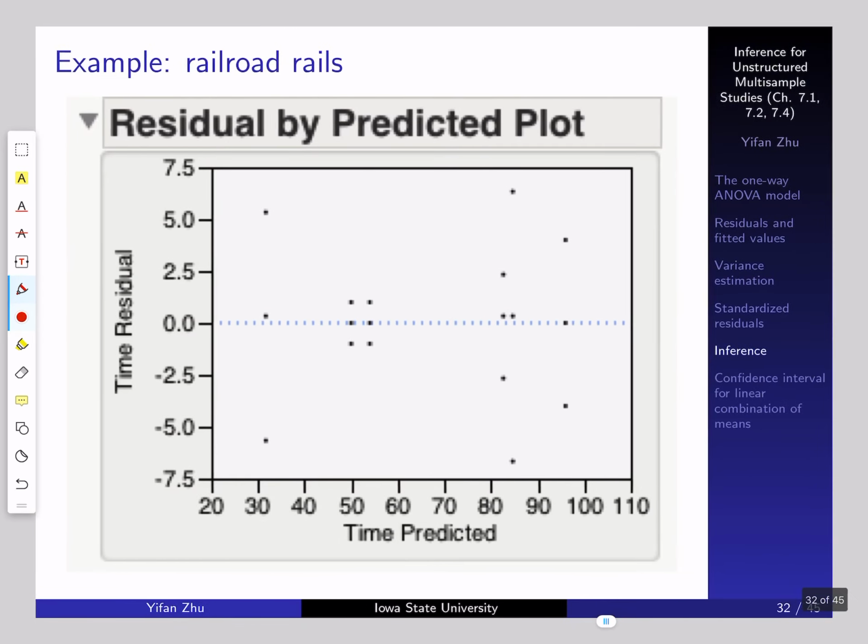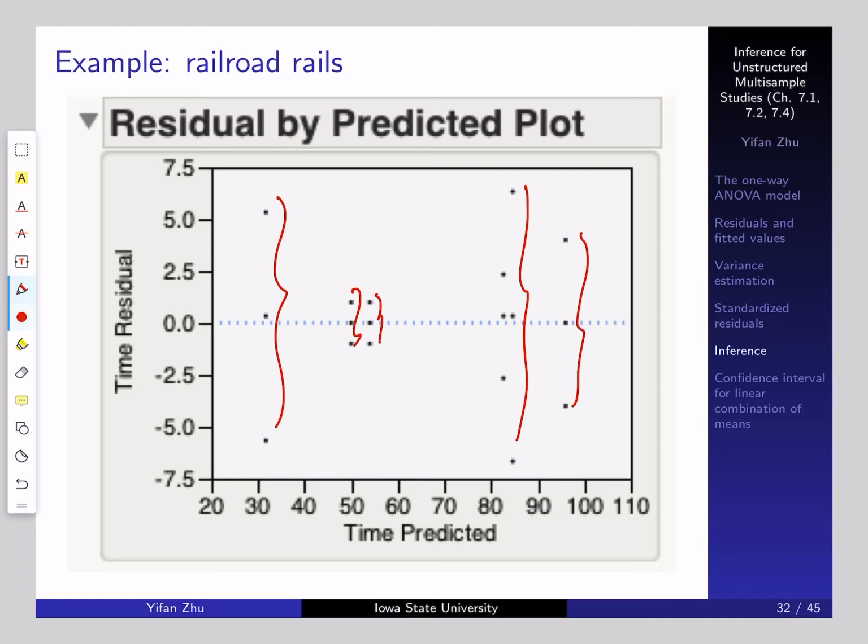You can also plot the residual by predicted plot. In this plot, you can see that the residuals are evenly distributed around the line y equals 0. So this is good, but the problem is that the spread for each level is not almost the same.